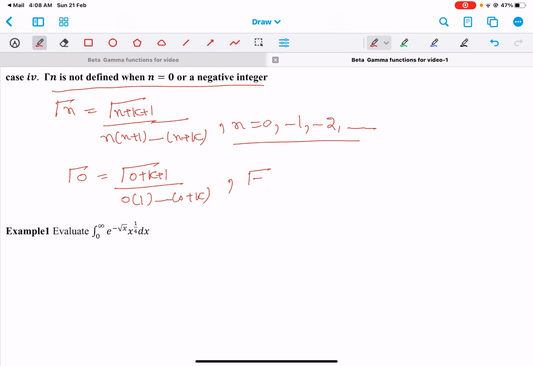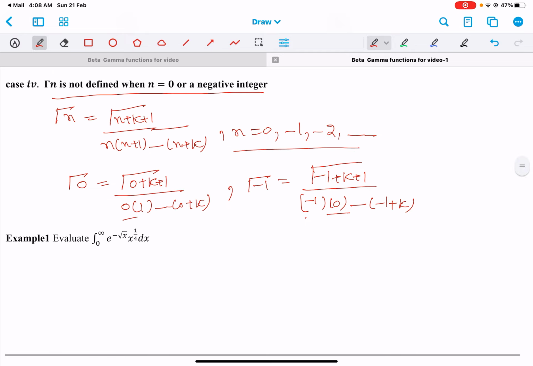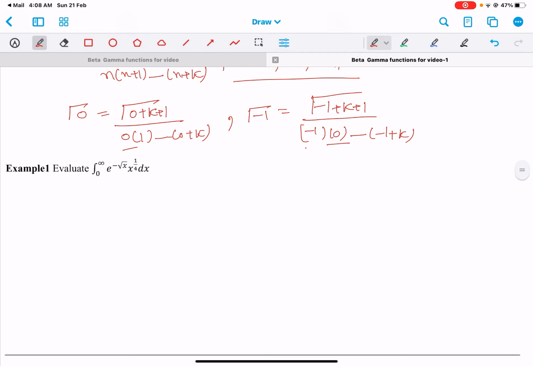Similarly, if you want to evaluate gamma minus 1, this will be gamma of minus 1 plus k plus 1 upon minus 1 into 0. So you will always have a 0 in the denominator whenever you try to evaluate gamma function for a negative integer. So gamma function is not defined when n is a 0 or a negative integer.